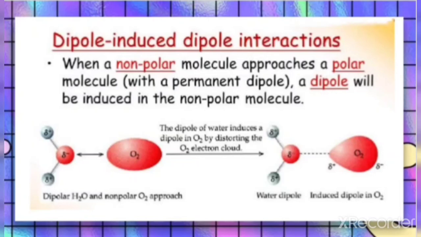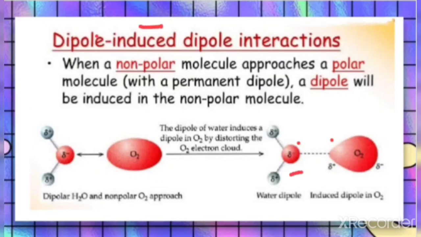The attractive force existing between the partial negative end of the polar molecule and the partial positive end of the non-polar molecule, in which the dipole is now induced, is called dipole-induced dipole interaction.